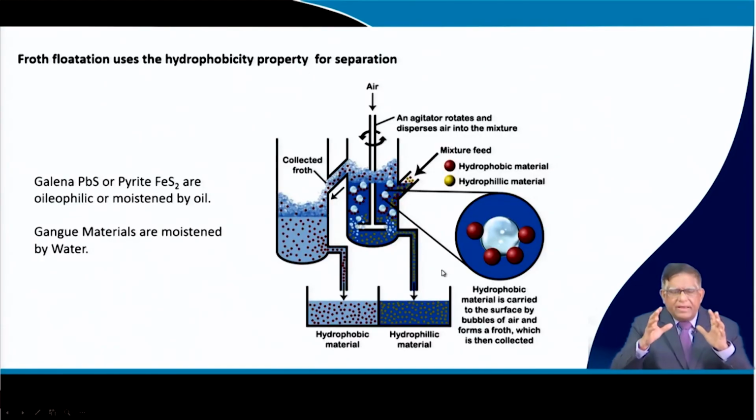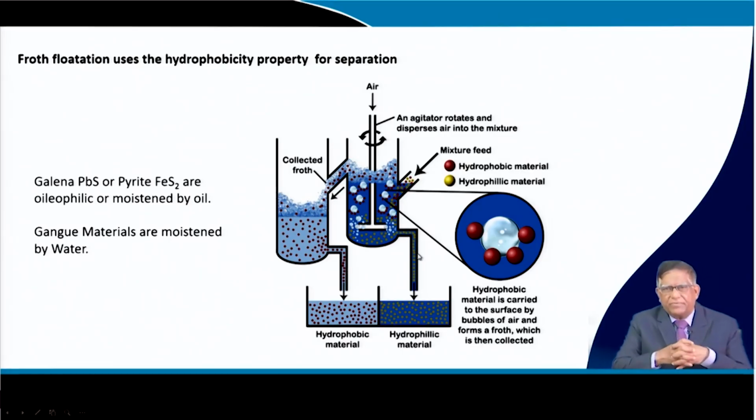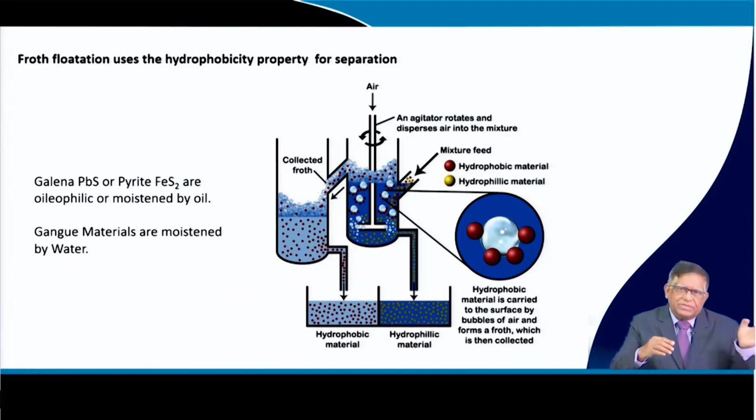In the whole process of froth flotation, you can design different types of systems depending on the plant size, where it will have to be accommodated, and its location with respect to the other processing lines; that is done in the plant design.